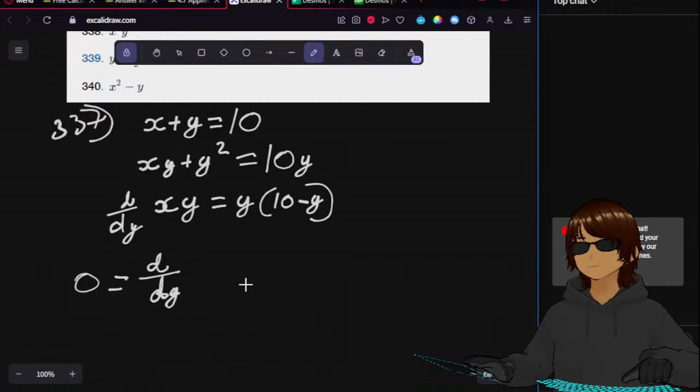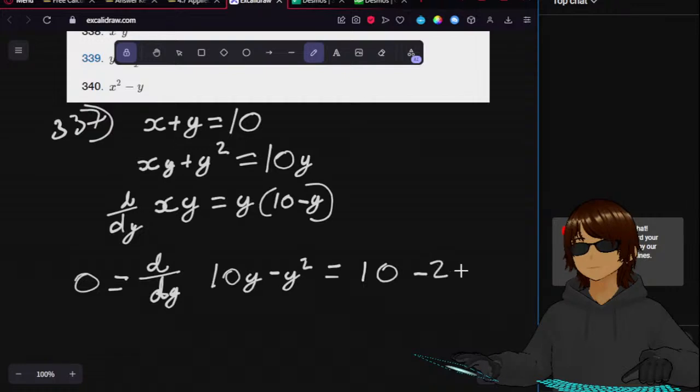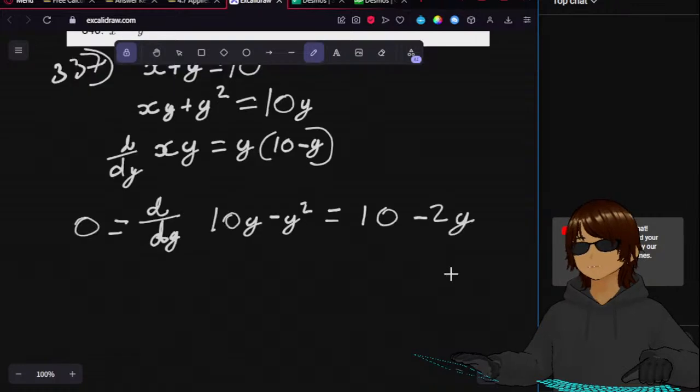So then derivative of 10y minus y square is equal to 10 minus 2y.